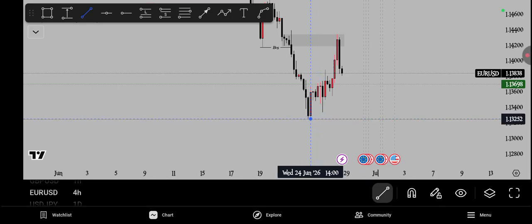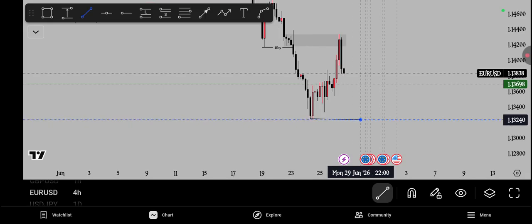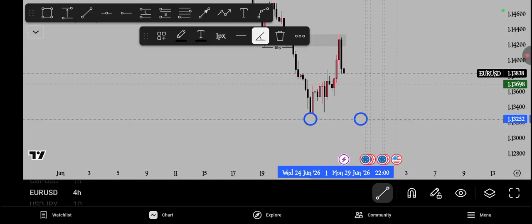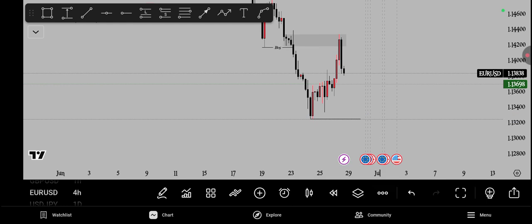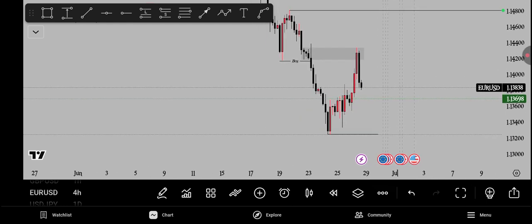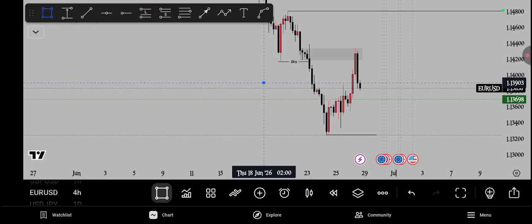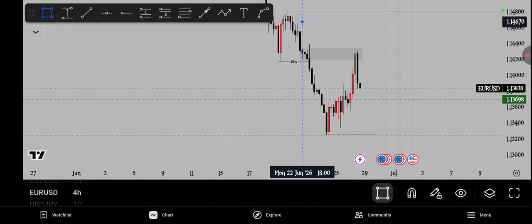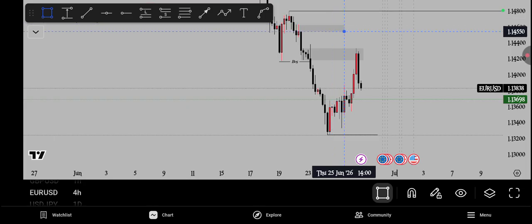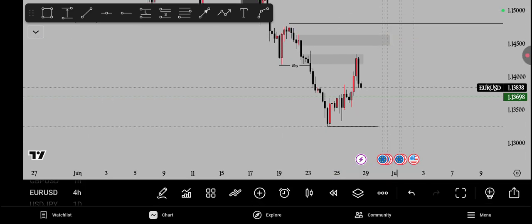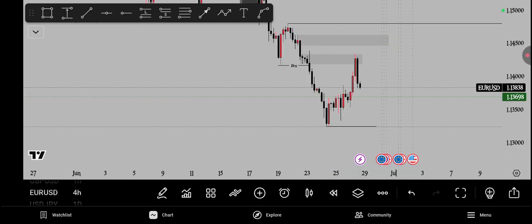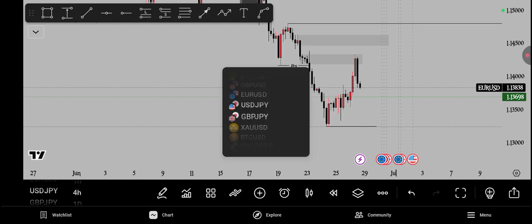We have this as our draw on liquidity, and there's this other block sitting on top also. So let's watch out for these two zones on EURUSD.